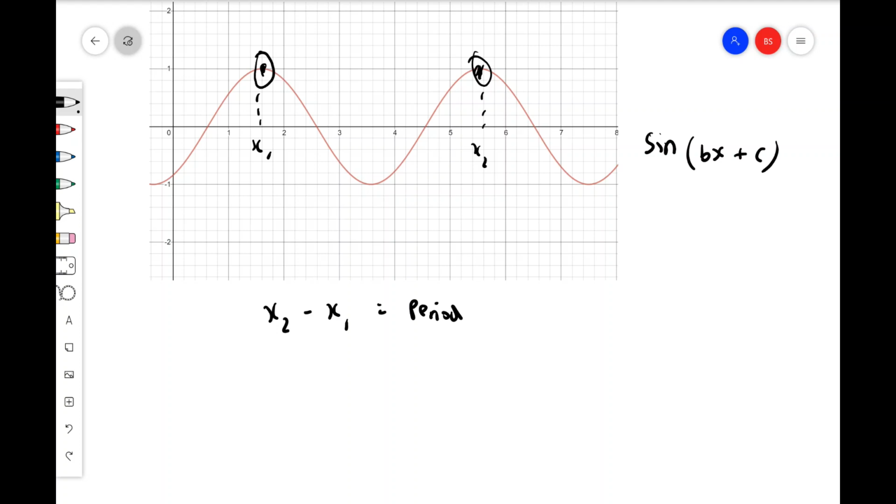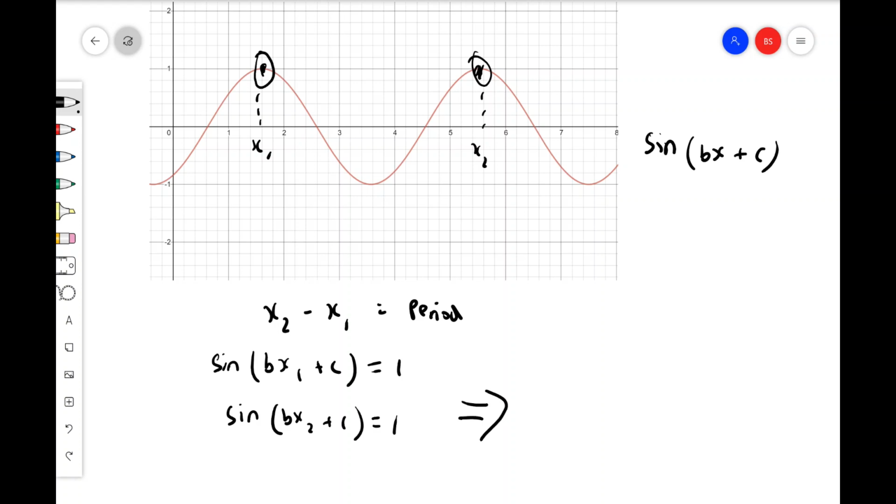Now, in order to find this, we can compare to the graph of y is equal to sine x. This means that sine of bx1 plus c has to equal 1, and the sine of bx2 plus c should also equal 1. This implies that bx1 plus c is equal to pi over 2, and bx2 plus c is equal to 5 pi over 2.